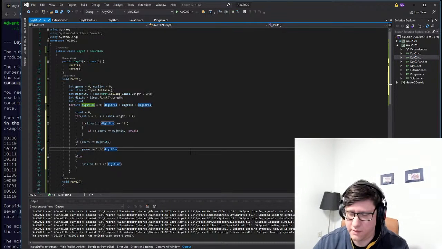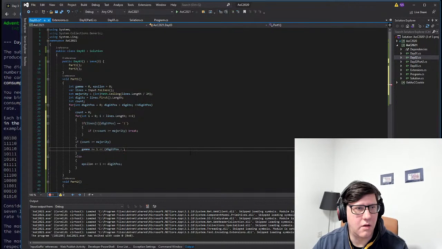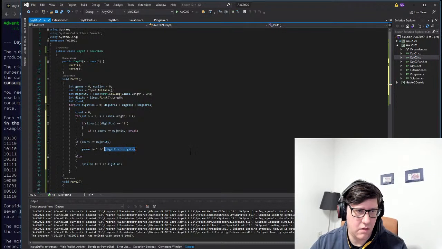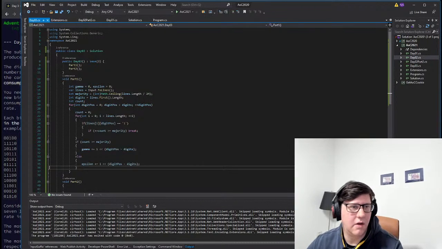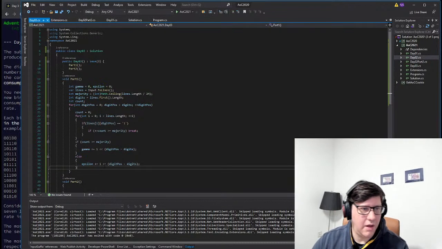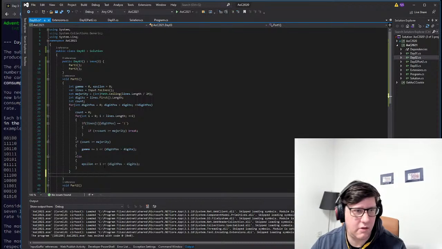So I need to bit shift this position minus digits. So I need to make sure that I shifted the right amount of positions. So I think this should be it. This exits early, and then we do console.writeLine.